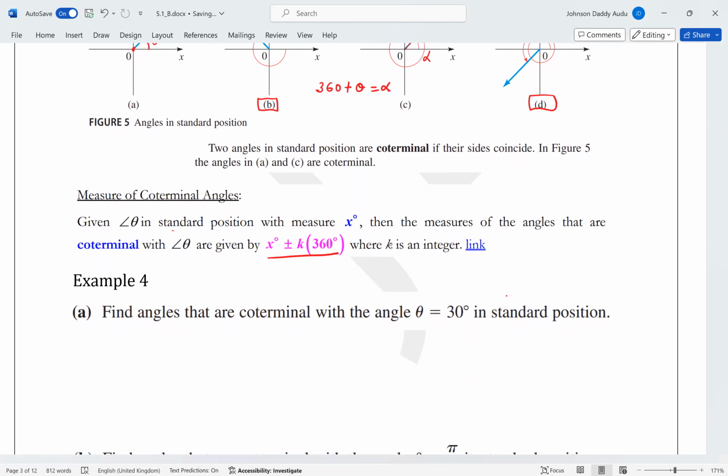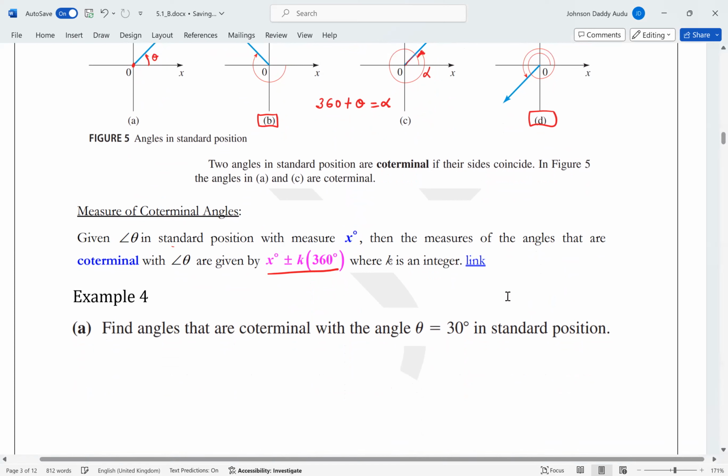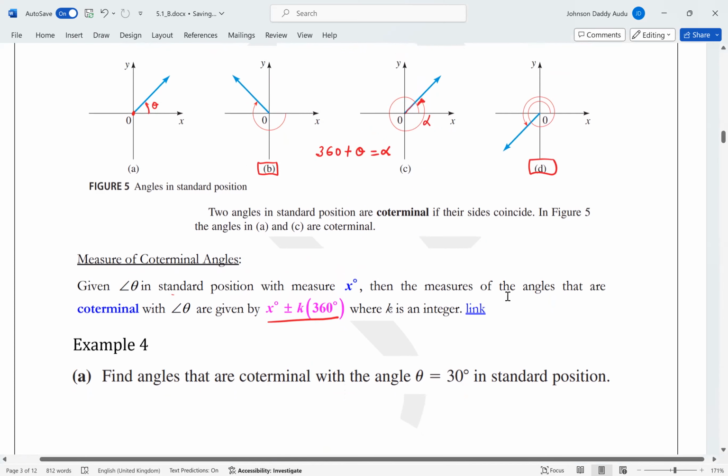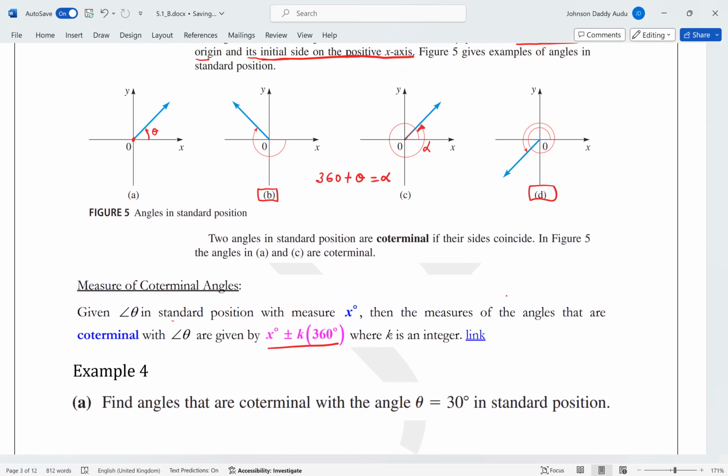Why do we have plus or minus? Plus or minus simply means we can go clockwise or anti-clockwise, because here we can also decide to have a coterminal angle. Let's say I can have something like this.